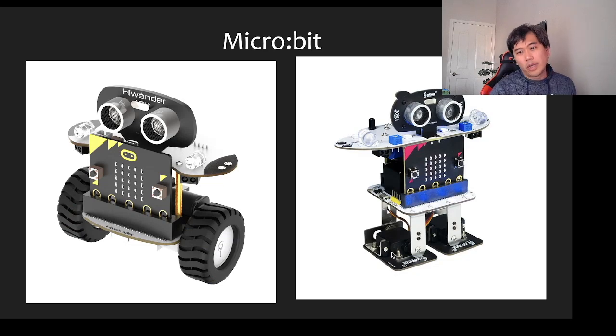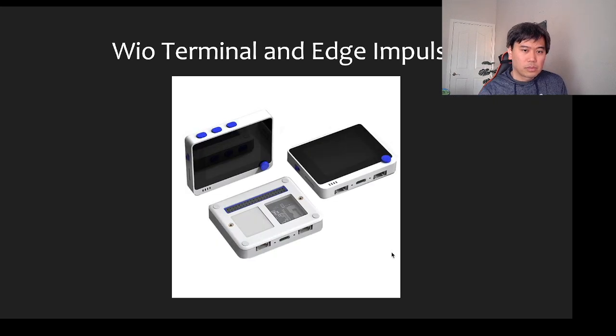Of course, with micro:bit, you can use it to build robots like this and to control that. There's also a Wio Terminal that you can connect to Edge Impulse. Edge Impulse is a way you can do some machine learning on these low-powered devices. And in order to connect data, this Wio Terminal was using webUSB to send data to Edge Impulse.